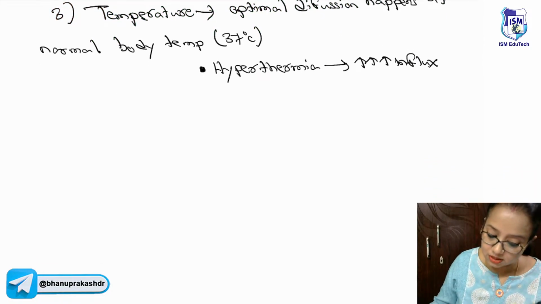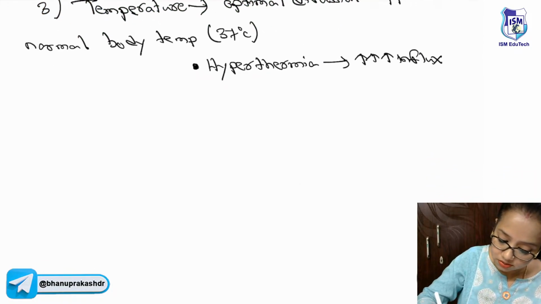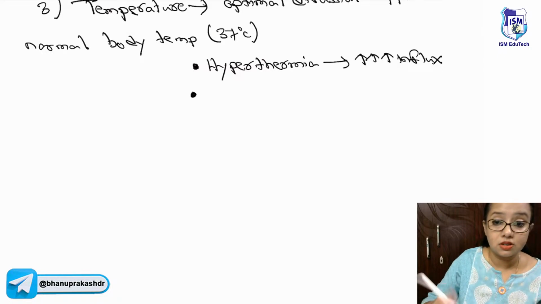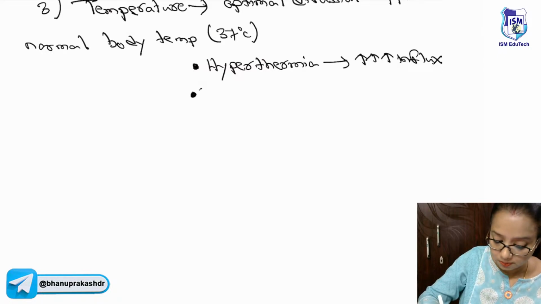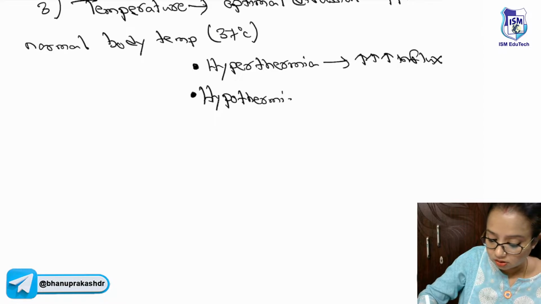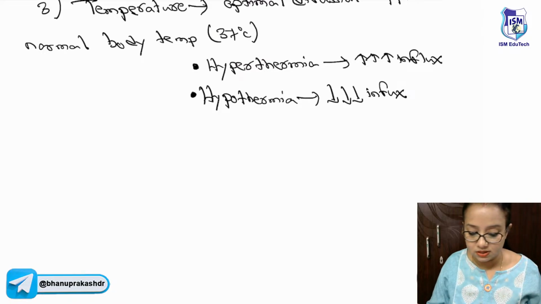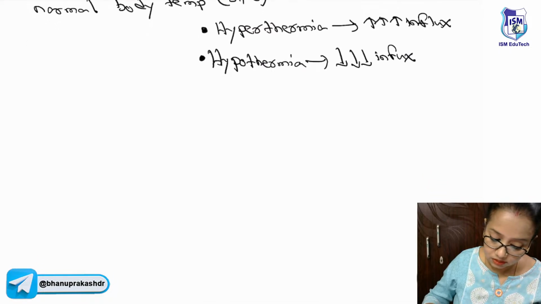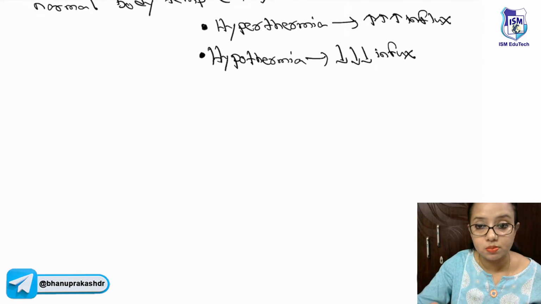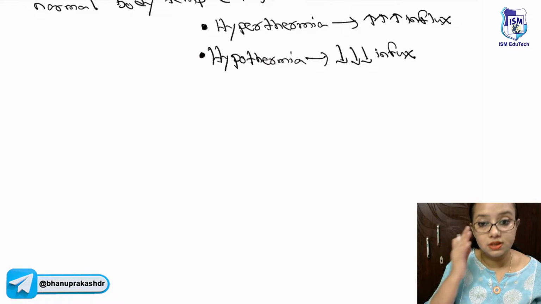If hyperthermia increases the rate of diffusion, obviously hypothermia or lower temperature will decrease the influx, right? So these are the important determinants of diffusion.